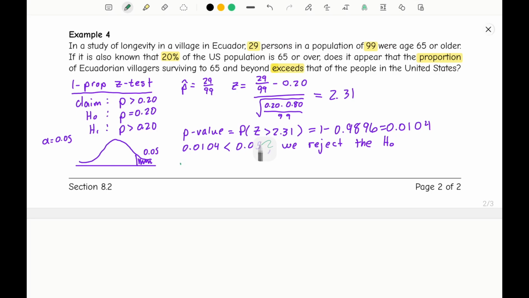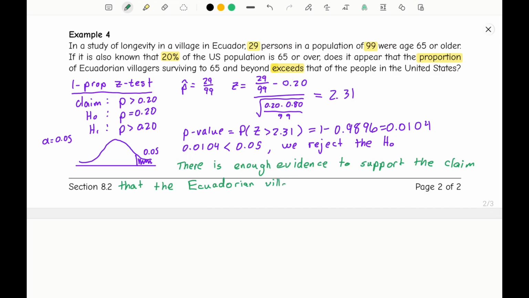Since we rejected the null hypothesis, there is enough evidence to support the claim that, just to make it a little shorter to write, I'm going to rewrite it so the Ecuadorian villagers live longer than Americans.